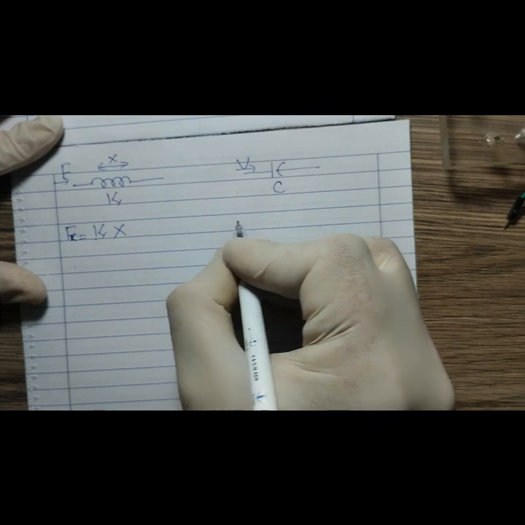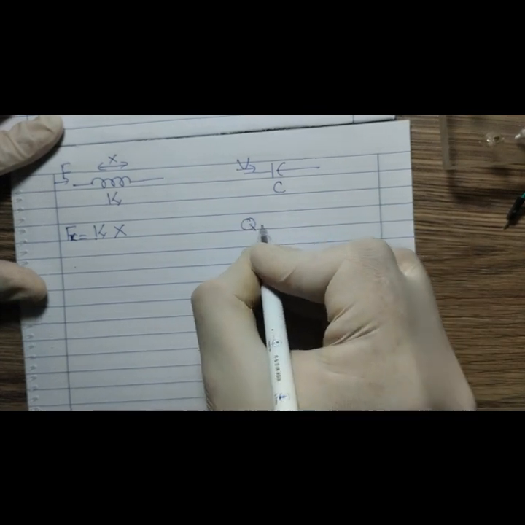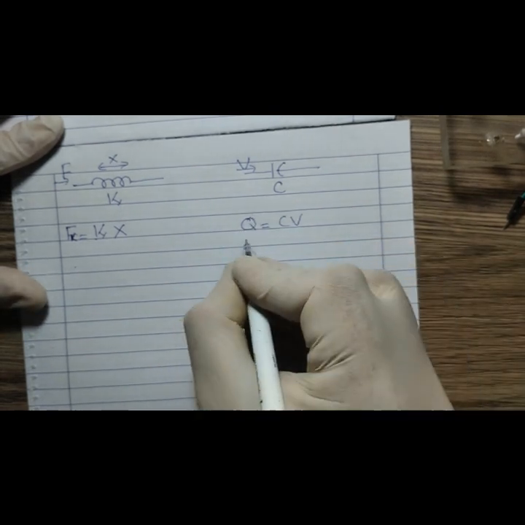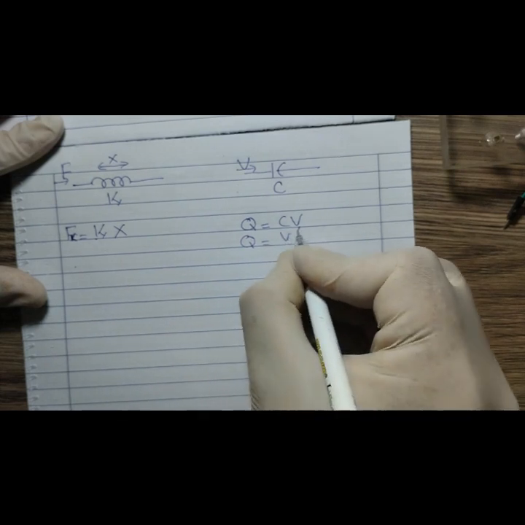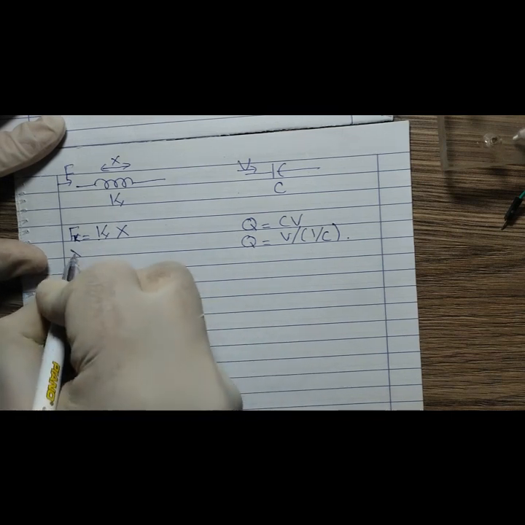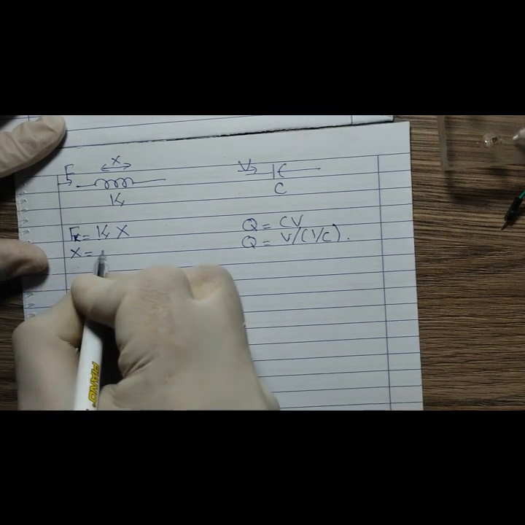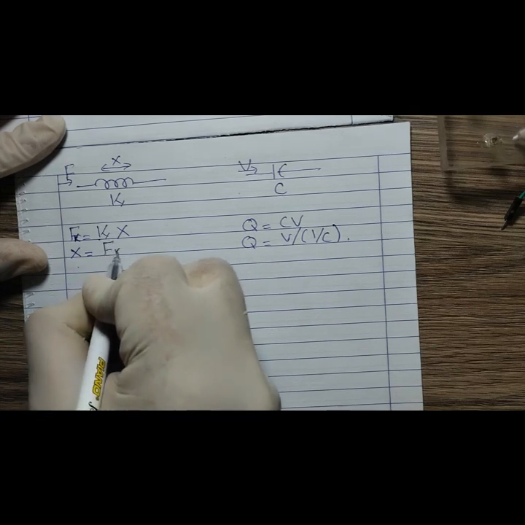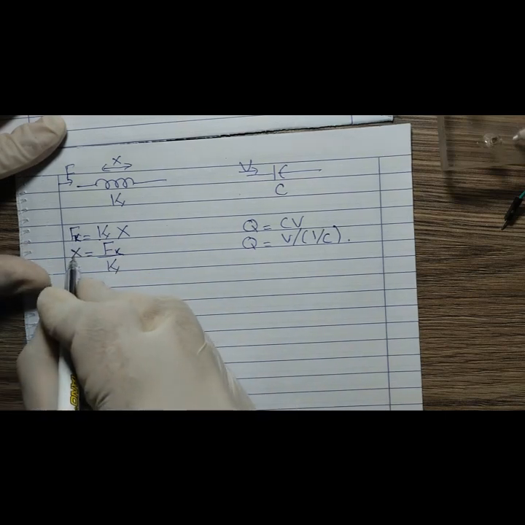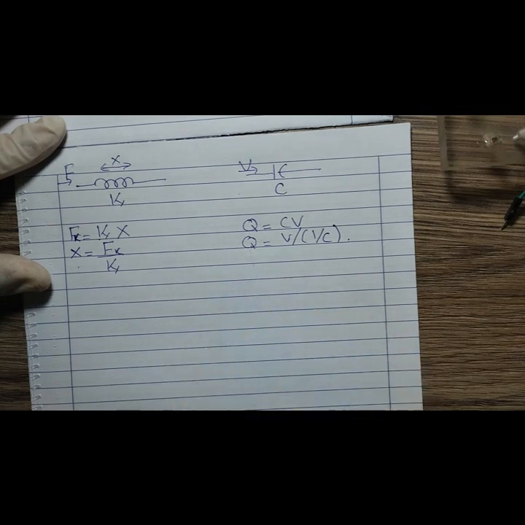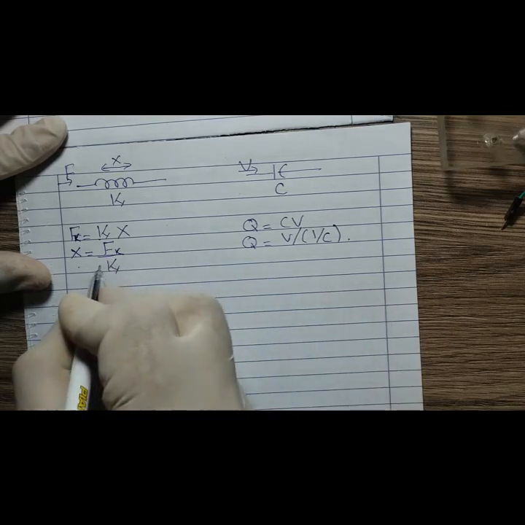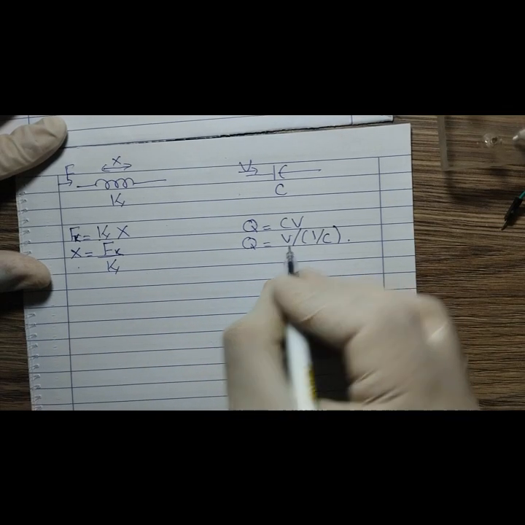Similarly, for the electrical network, the Q, which is the charge stored across it, depends upon the product of C and the applied voltage V. So Q is equal to V divided by 1 by C. For a proper comparison, let's write the spring equation in terms of X, which is Fk divided by K. If we compare this X with the Q, which are both states of the system, their relationship is similar to each other.